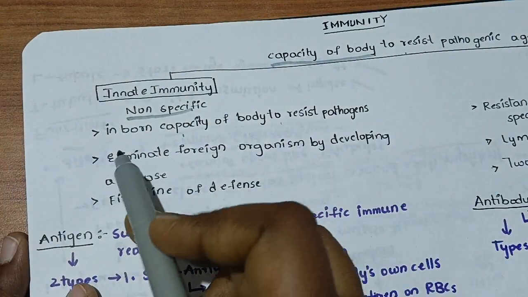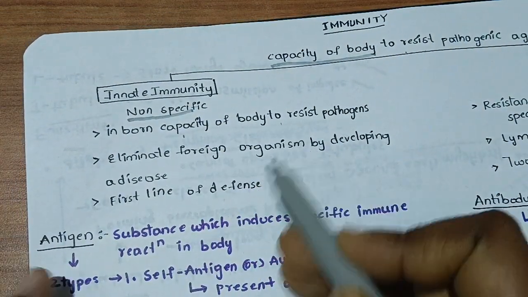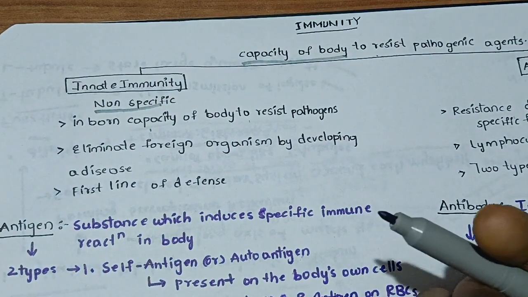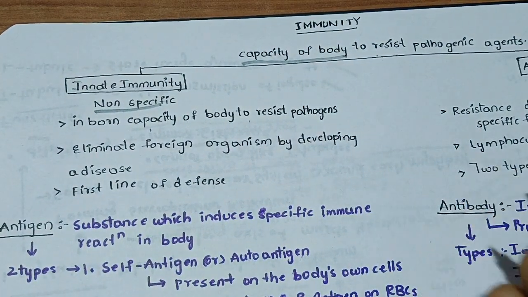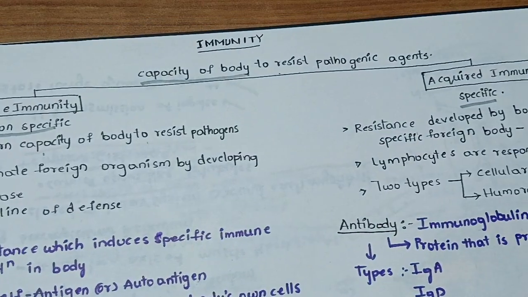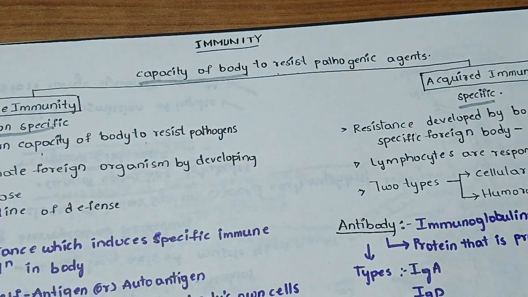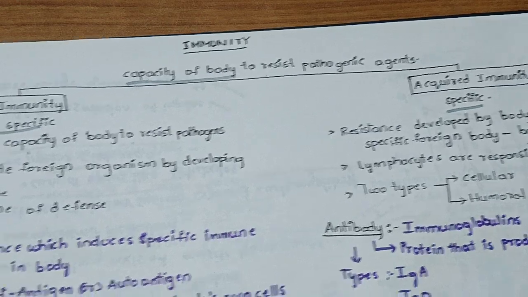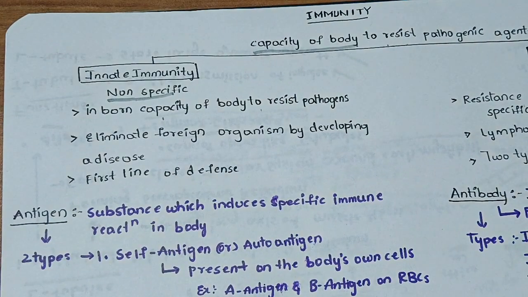Innate immunity is the inborn capacity of the body to resist pathogens, whereas acquired immunity is a resistance developed by the body against specific pathogens, specific foreign bodies like bacteria, viruses and toxins.